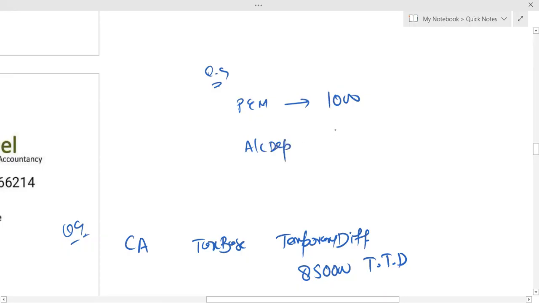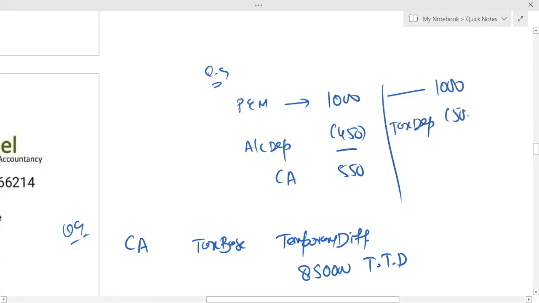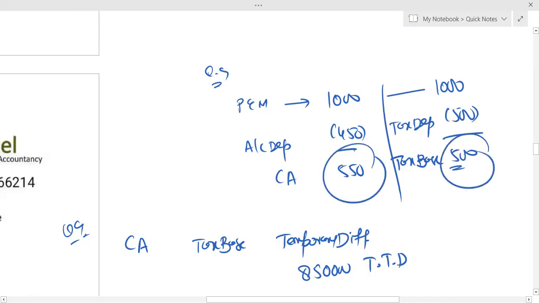Accounting depreciation is 450, so the carrying amount is 550. Tax depreciation is 500, so logically the tax base is 500, and the carrying amount is 550. So whenever accounting depreciation is less than tax depreciation, the difference is the taxable temporary difference.